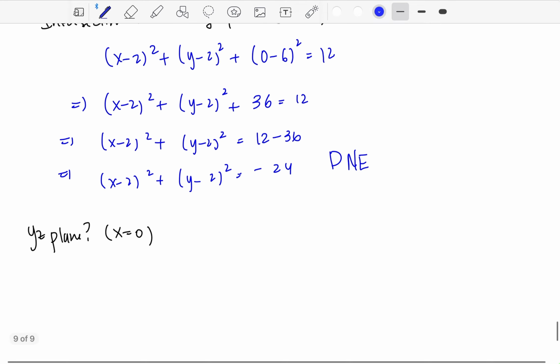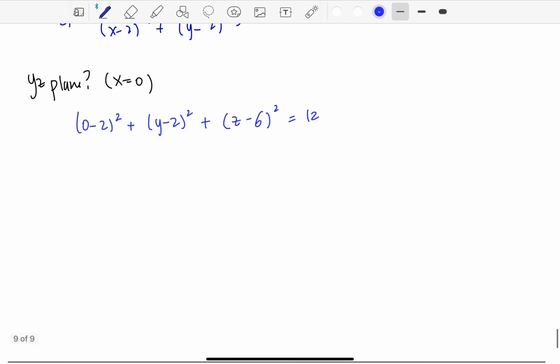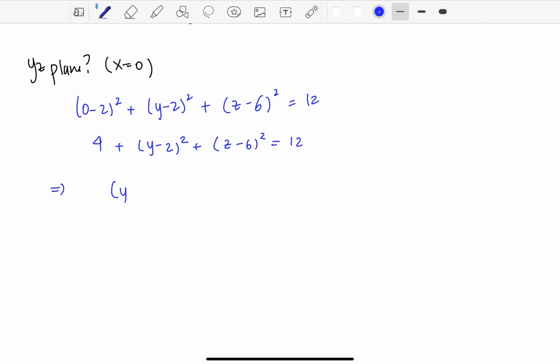I do (0 minus 2) squared plus (y minus 6) squared plus (z minus 6) squared equal to 12. So I get 4 plus (y minus 6) squared plus (z minus 6) squared equal to 12. So (y minus 6) squared plus (z minus 6) squared is equal to 12 minus 4, which is 8, okay?